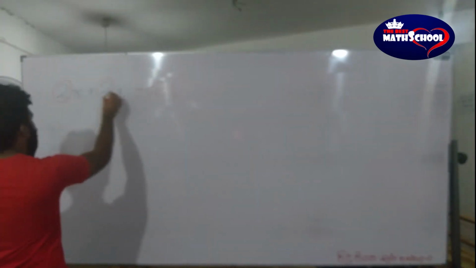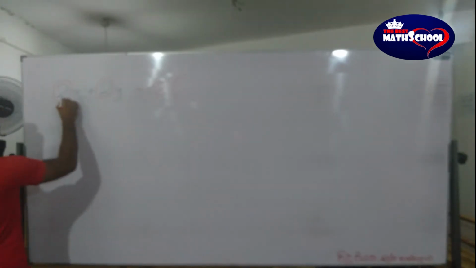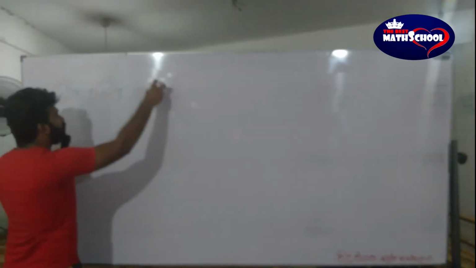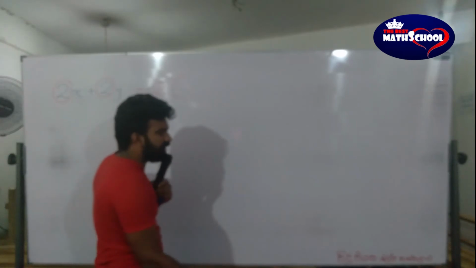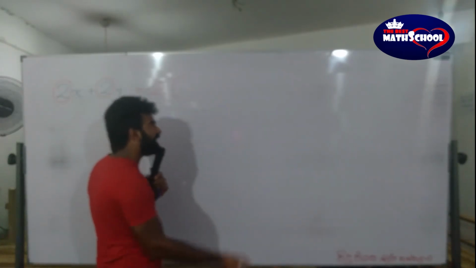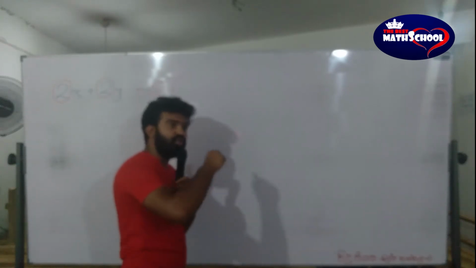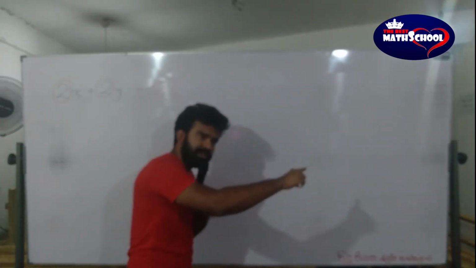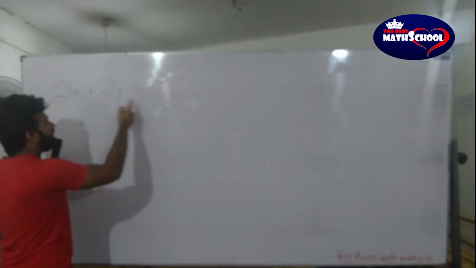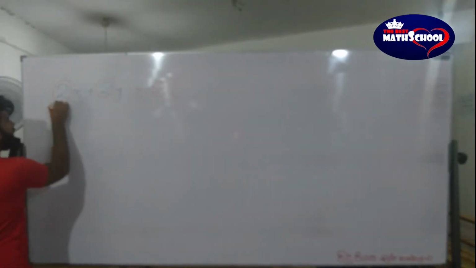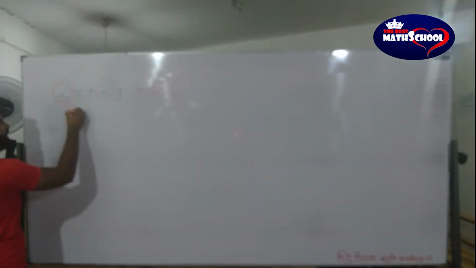So I can take 2 out, and I'm writing it as a product. When I'm writing it as a product, that means a multiplication. So if it is going to be a multiplication, you should take these 2 out by dividing, right? That means dividing by 2.